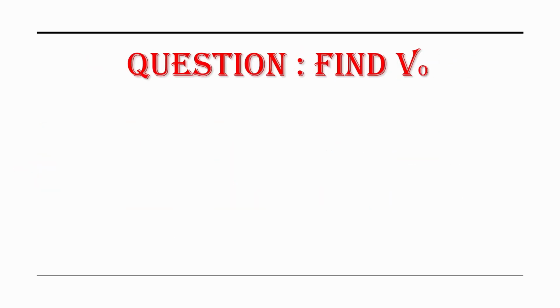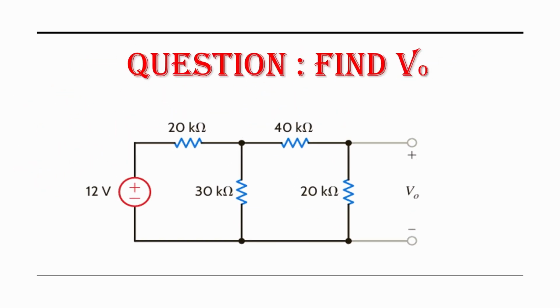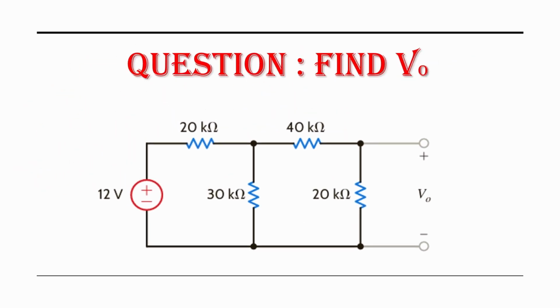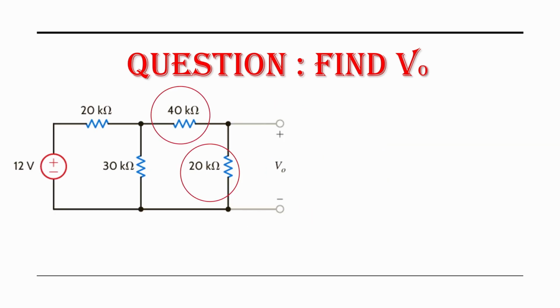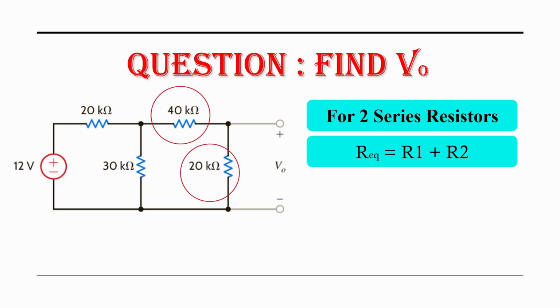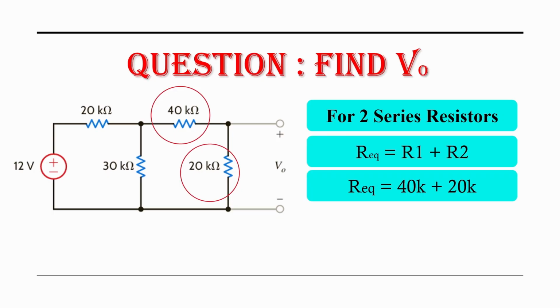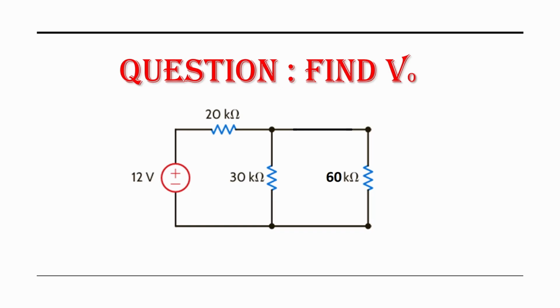Now, let's look at a practical example. We have a circuit with a 12V battery and a network of resistors, and our goal is to find the output voltage. To solve this, we will simplify the circuit step by step. First, we identify resistors in series and add them together. As shown on the slide, the 40K ohm and 20K ohm resistors are in series, so their equivalent resistance becomes 60K ohms.